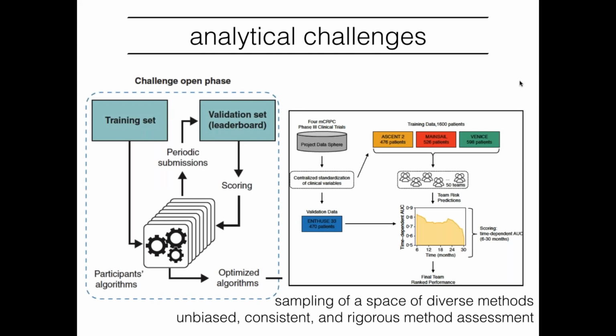And so the challenge paradigm is that you have your training data, you have your held out validation data, and this is important because it allows for systematic sampling of a space of diverse methods, while still providing an unbiased, consistent, and rigorous assessment of those methods.